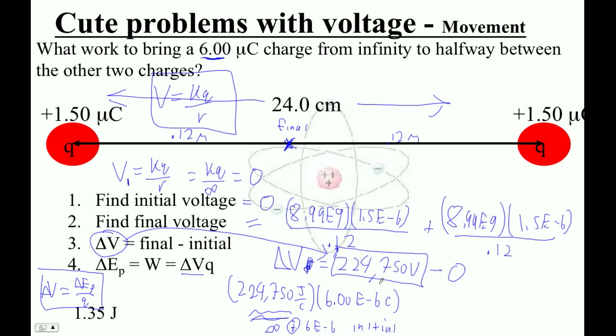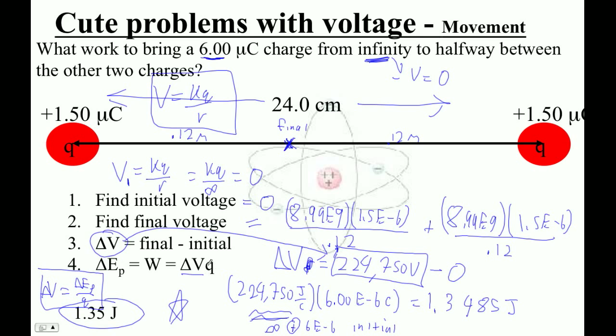So times 6 E minus 6, and I get 1.3485 joules, which with 3 sig figs we'd have to say 1.35 joules. Okay? Now, so that's example 1. That's pretty simple. Whenever they say from infinity, infinity just means voltage equals 0. Okay, so you don't have to actually calculate that one, right? So you do these 4 steps: initial voltage, final, find the change, and then multiply the change by the charge.